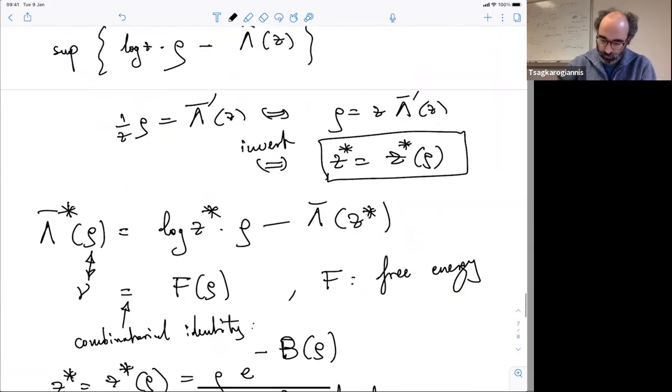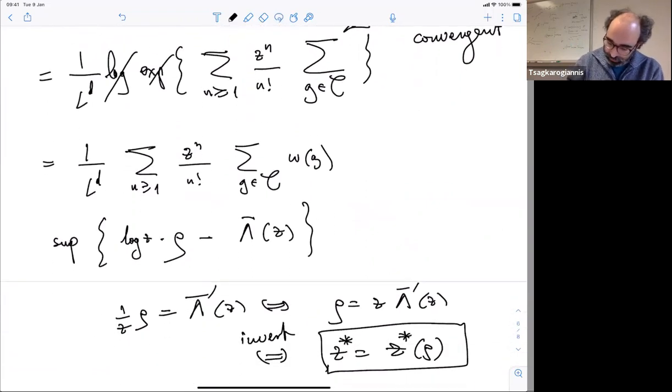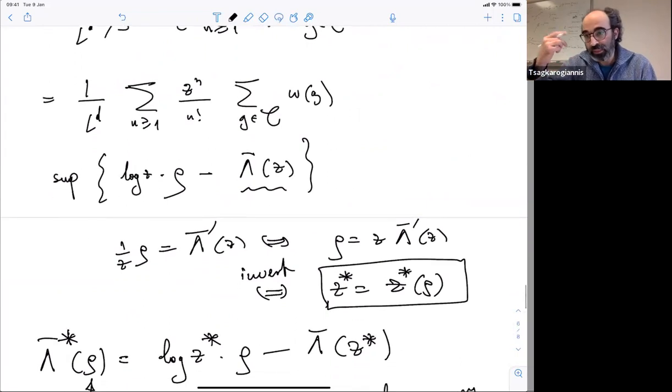So, if you want me to repeat, we have the log generating function, which was written as the log of graphs. It became the exponential of connected graphs. So this is the generating function of connected graphs.